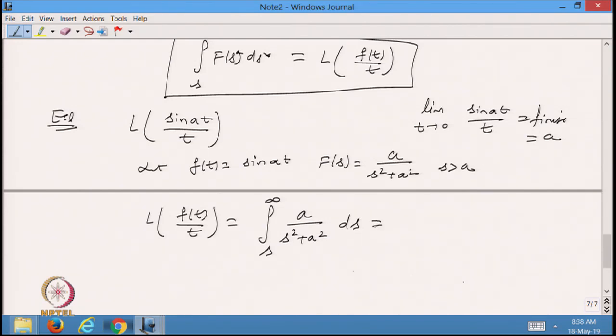If I do the integration of this one, this will be equal to tan inverse (s over a) from s to infinity, and if I put the infinity here, tan inverse of infinity is pi by 2 minus tan inverse (s over a).